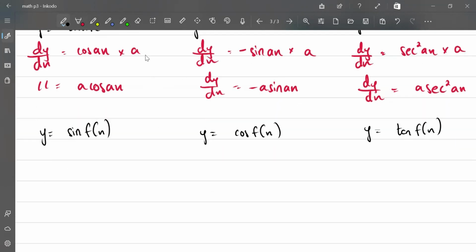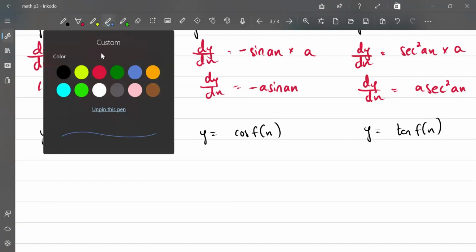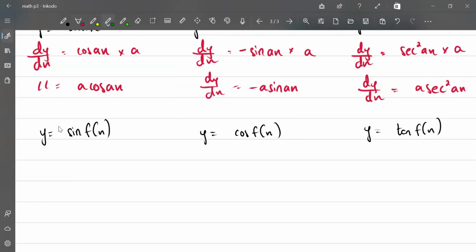Right. So when y is equal to sine fx, dy over dx is equal to cos fx multiplied by f dash x. All right.